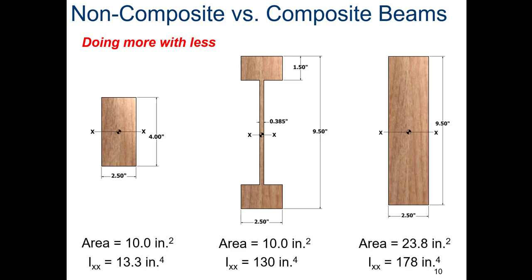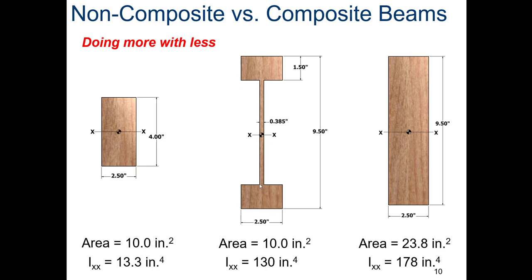So here, I'm not going to get into the math really big on how to do this, but we could basically break this into 3 shapes. Okay, so when we do area, if you recall, when we do area, it's length times width. So here we have 2.5 times 4, we get 10 inches squared.